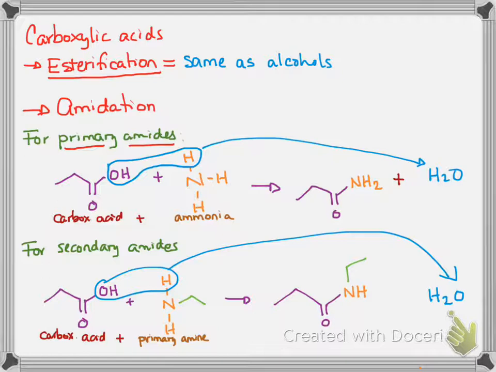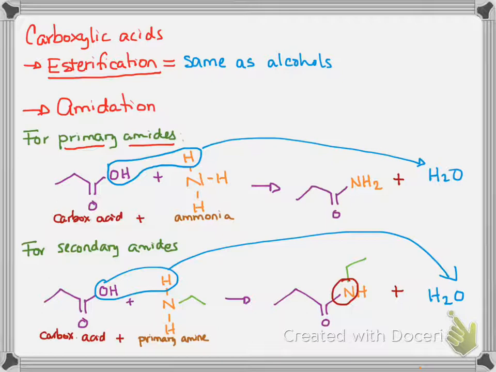Primary amines, nitrogen, only 1 carbon. And it has 2 remaining hydrogens. In the moment I combine this with the acid, it will become a secondary amide because now this nitrogen is attached to 2 carbons. It will become a secondary nitrogen. And we will have the water molecule that forms from the condensation reaction.